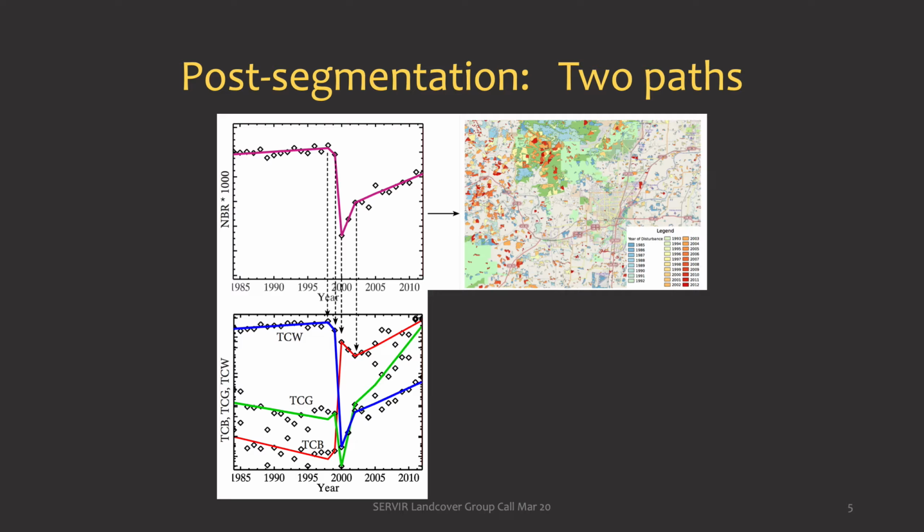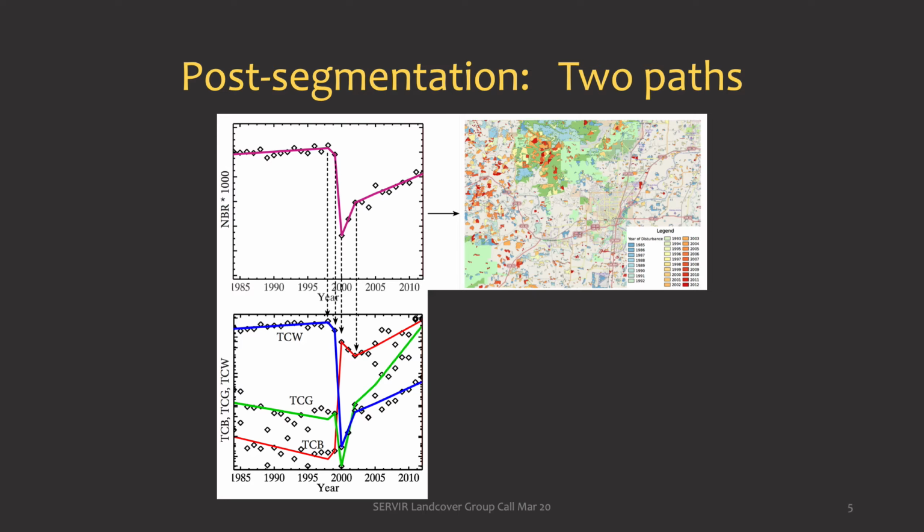But what's interesting is that by simplifying the year-to-year variation, we can then actually work with those data as pseudo images and classify them after the fact. And so this piece that I just added here, the lower left figure, is different indices. These are the tassel cap indices conforming to the patterns that were found with a detection index, in this case NBR.